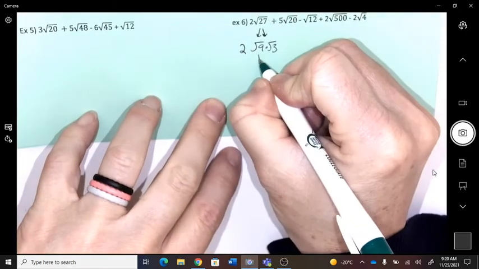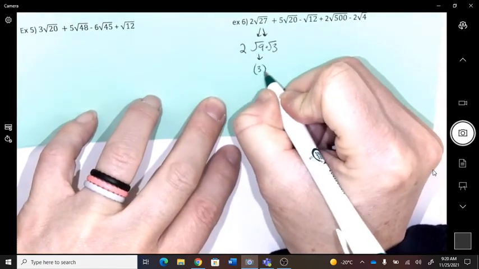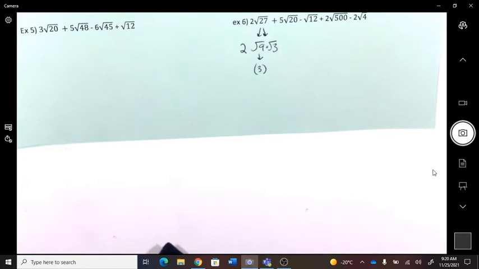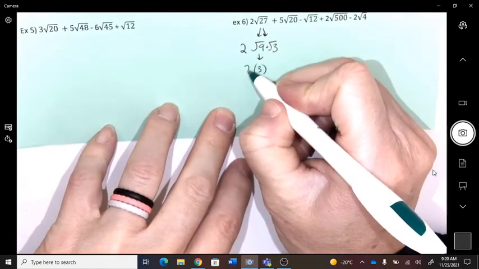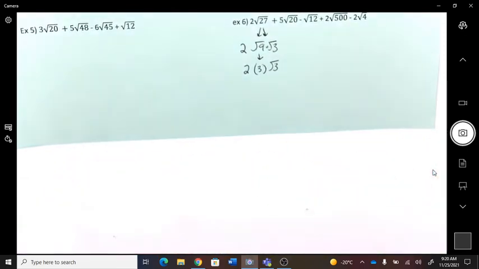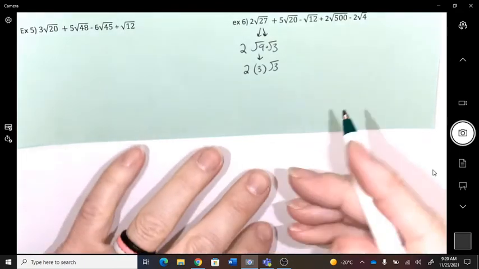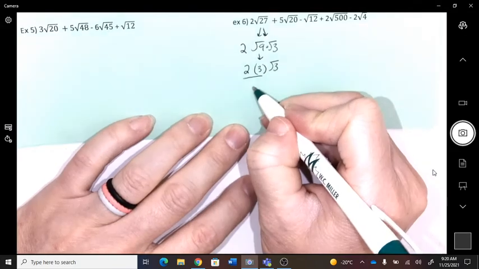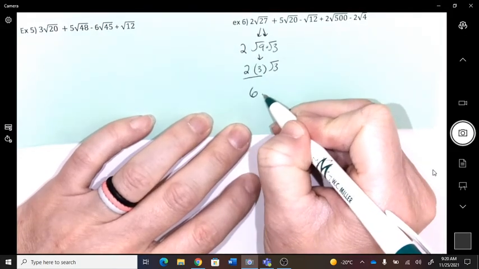Okay, root 9 turns into the whole number 3. Whole number 2 is on the front, root 3 is in the back. So now this makes 6 root 3.